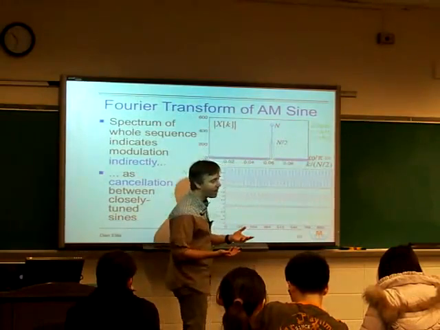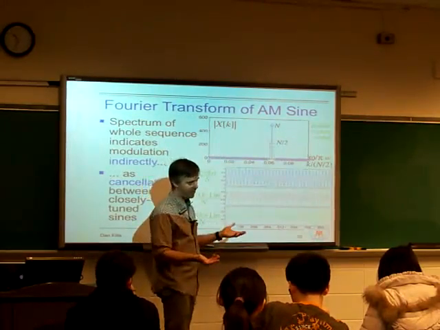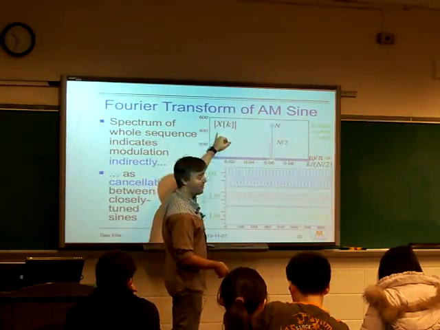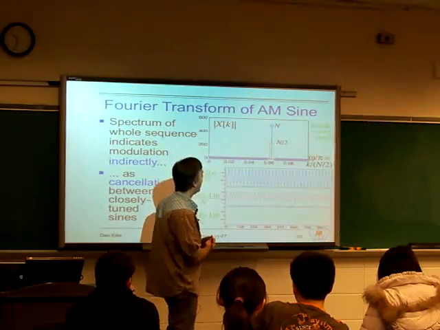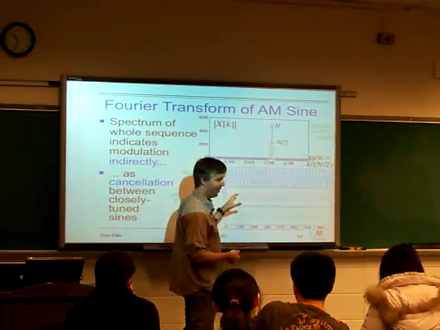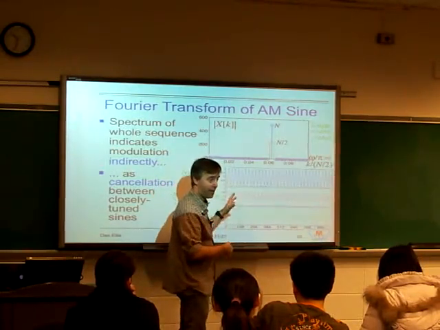Now, in general, what I've plotted is the positive frequency half of a complex Fourier transform. What I've plotted is the magnitude, and the magnitude makes the negative and positive the same. In general, they might be some complex value if the phase was not exactly plus or minus 1.